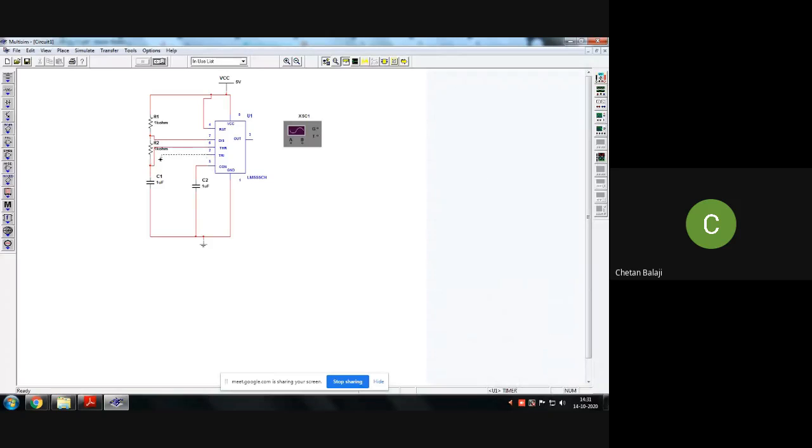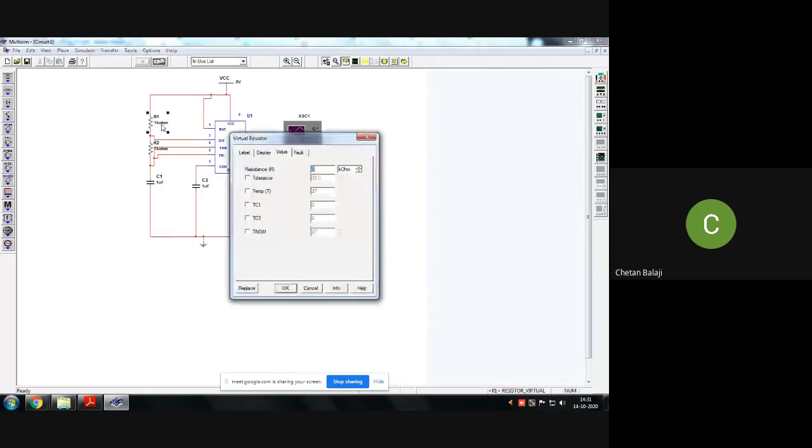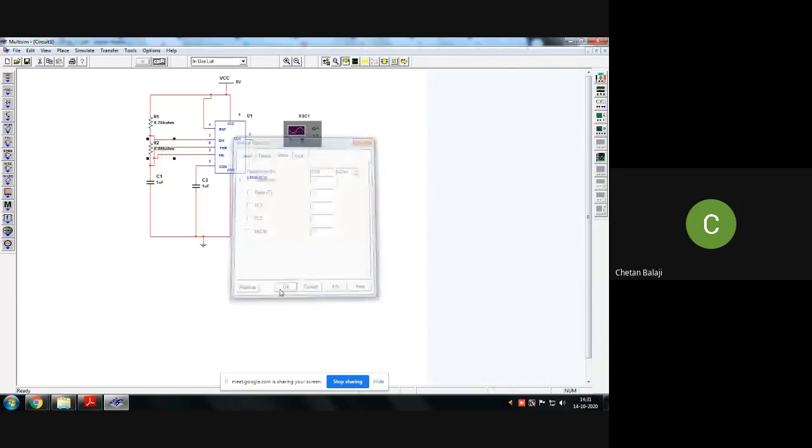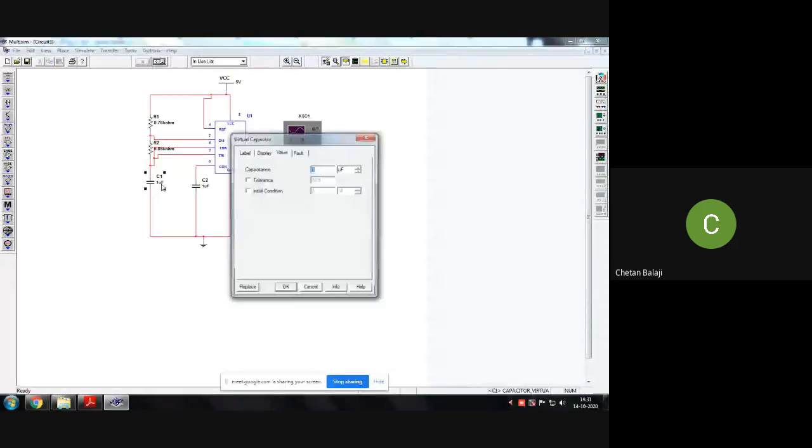Change the values by double clicking. R1 is 8.76 kilo ohm, R2 is 5.85 kilo ohm. Capacitor 1 is 0.1 microfarad and capacitor 2 is 0.01 microfarad.